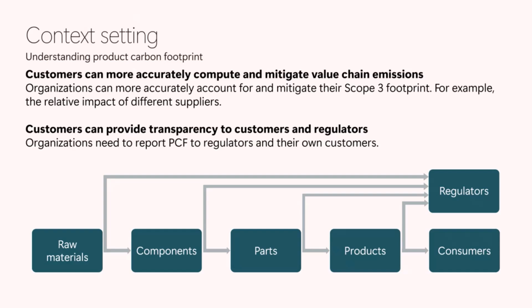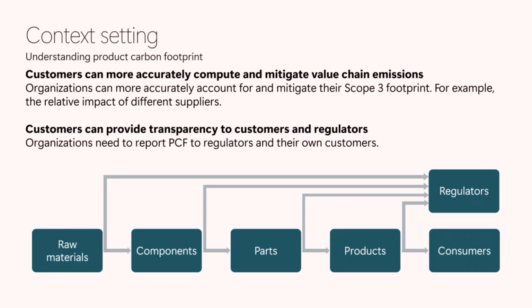Without PCF, customers often have to use high-level secondary factors, whereas if they can get specific product carbon footprints from their suppliers, they can more precisely account for the scope 3 footprint, which for many organizations accounts for a huge part of their footprint. So that's number one, understanding the scope 3 footprint, and that level of precise understanding then leads to being able to mitigate that footprint.